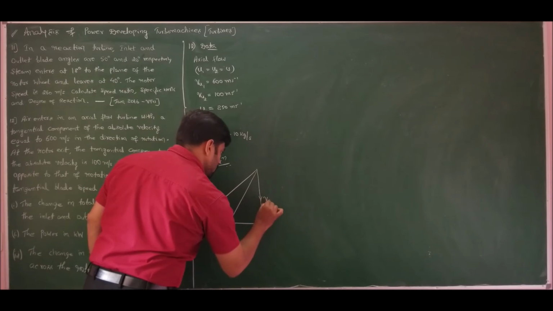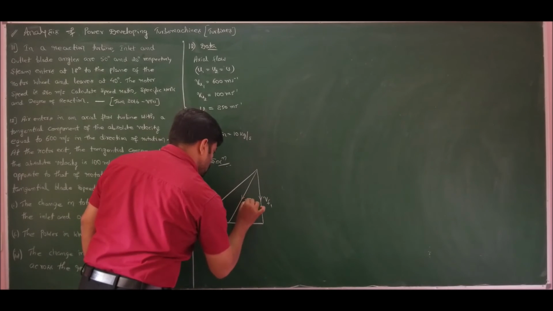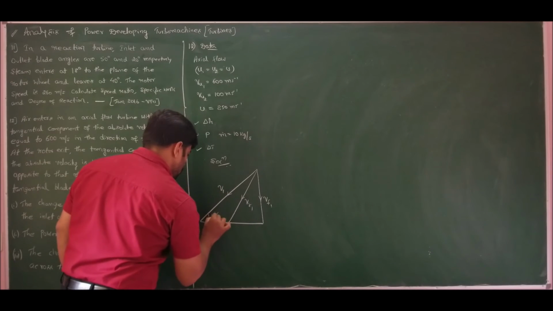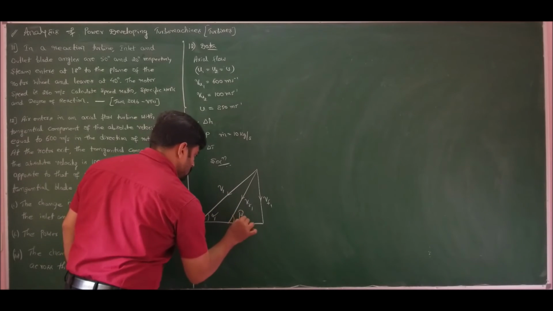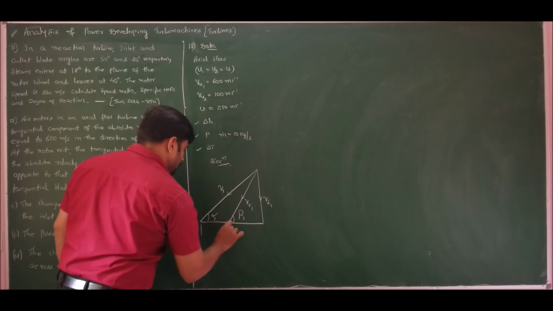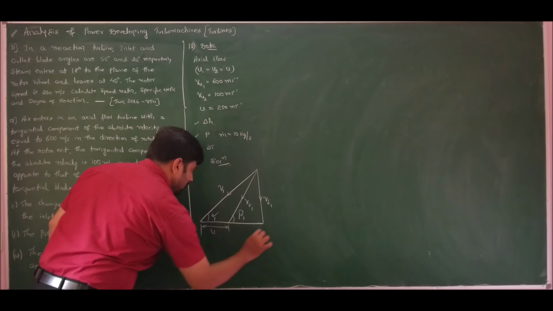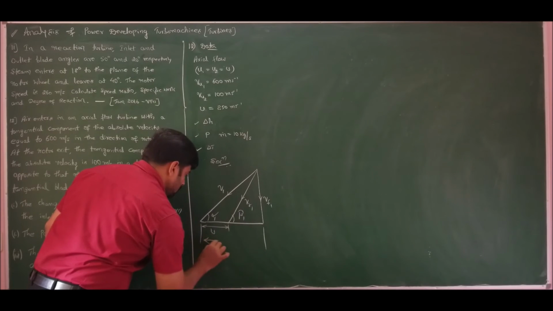We will be having VF1, VR1, V1, alpha 1, beta 1, absolute is the reference, absolute to relative is U, blade speed, absolute to flow is VU1.